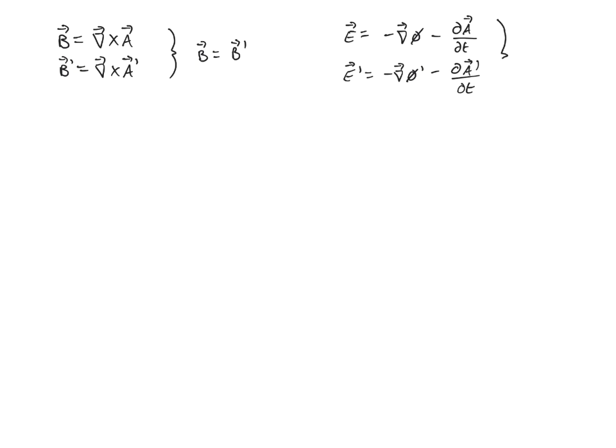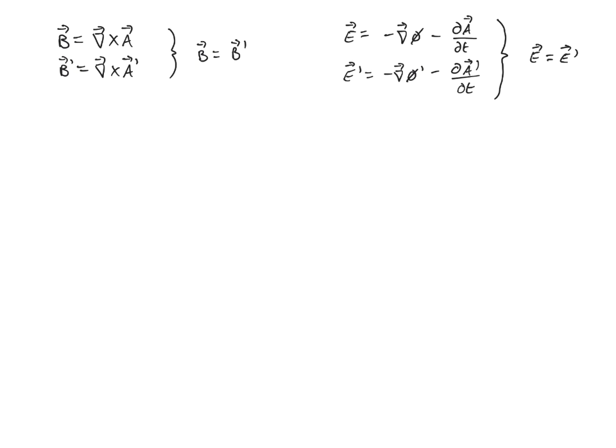And again, the condition that we seek is that the electric field is unchanged by replacing A by A primed. So the electric field E must be equal to E primed. So this is what we require.